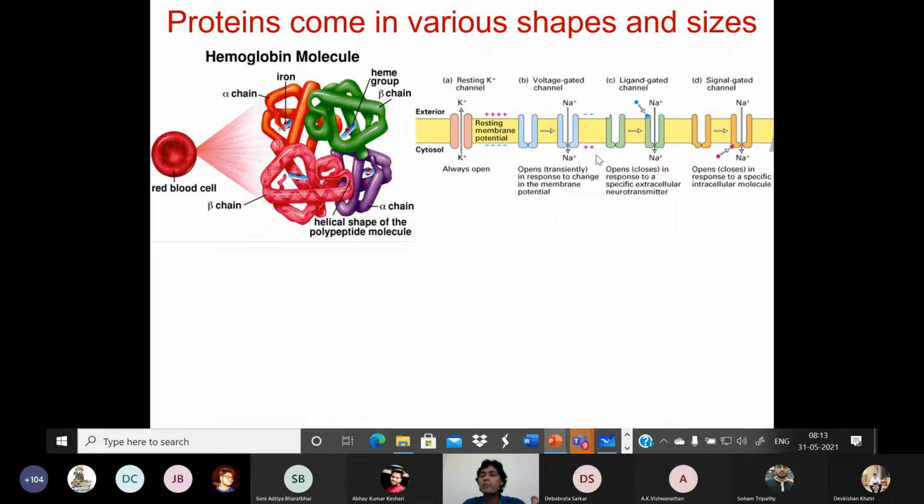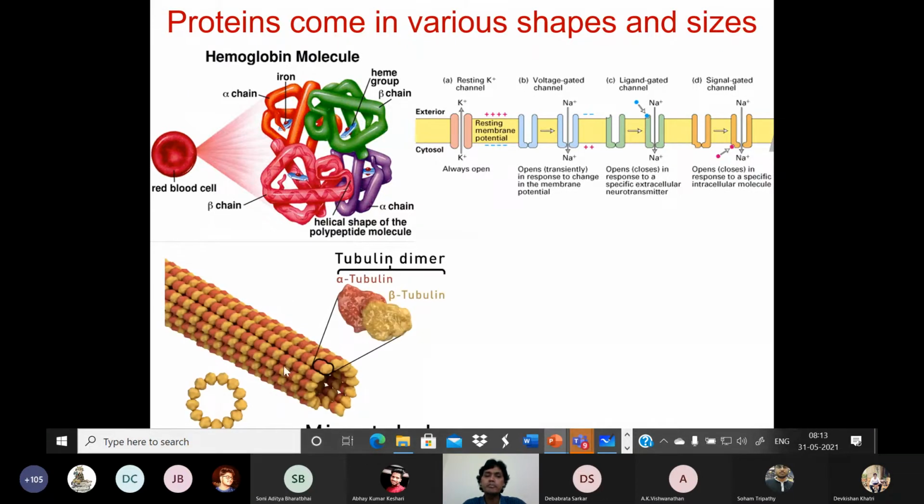All those detailed informations you don't need to remember at this point. But what I want to say is that their function is completely different from hemoglobin, right? They are channels and they transport ions in different directions, either from the cell to outside or outside to inside, right? So the third one here, you can see, is called tubulin.